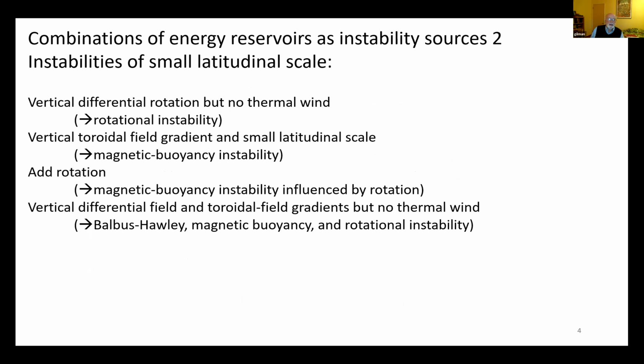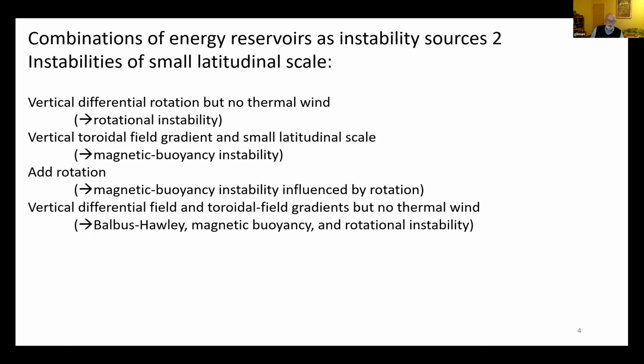Now, combinations of energy reservoirs. Those previous ones were all global scale disturbances, but you can also get disturbances on small latitudinal scale. So if you have a vertical differential rotation but no thermal wind, you can get rotational instability from that. With a vertical toroidal field gradient on small latitude scale, you can get magnetic buoyancy instability from that.